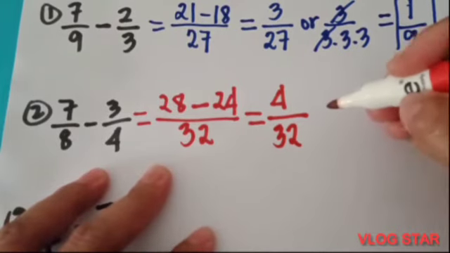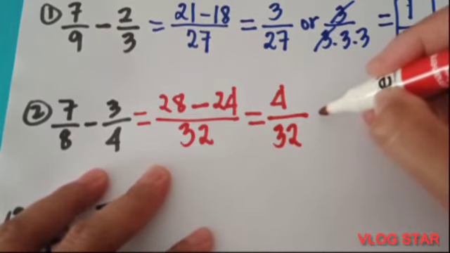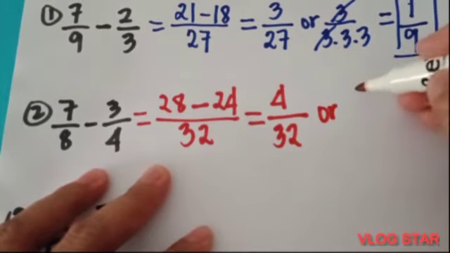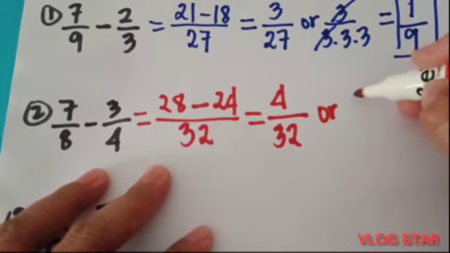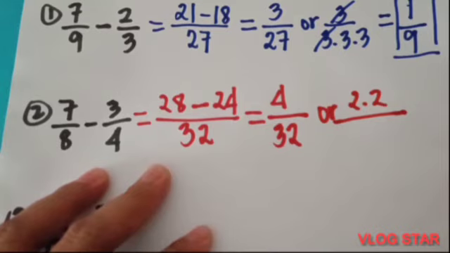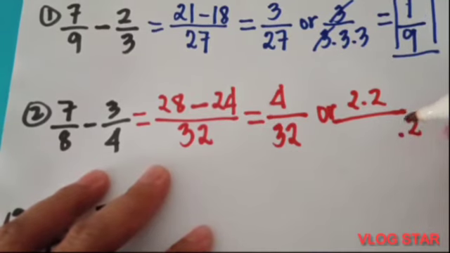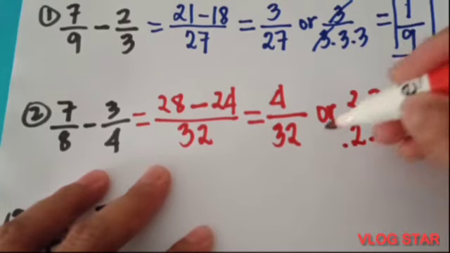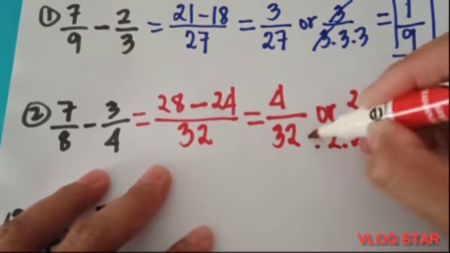So, i-simplify natin sa simplest form. So, ang prime factor ng 4 is 2 and 2. Yung 32 is 16 and 2. Yung 16 ay 8 and 2. So 8 ay 4 and 2. Si 4 is 2 and 2.